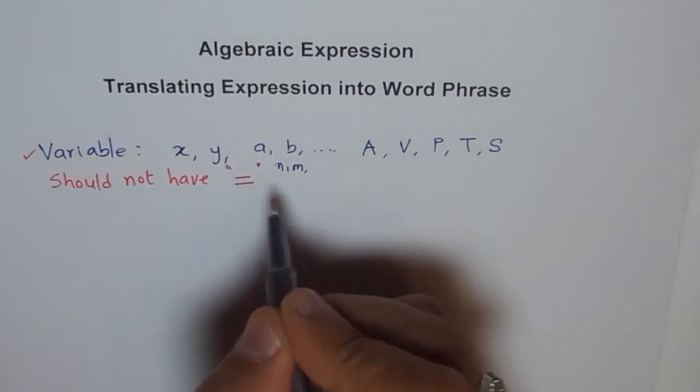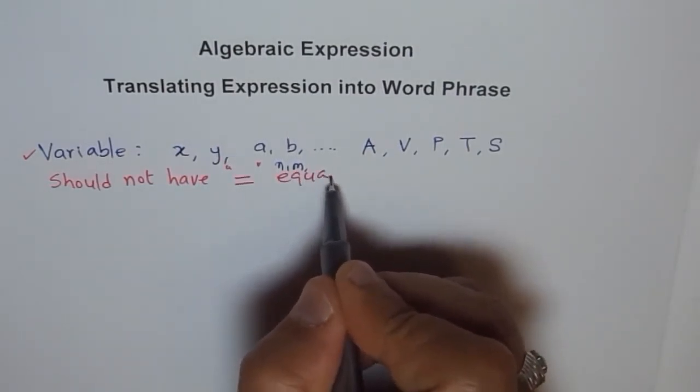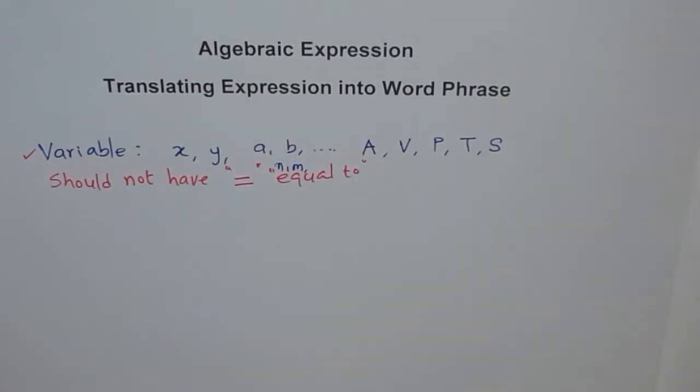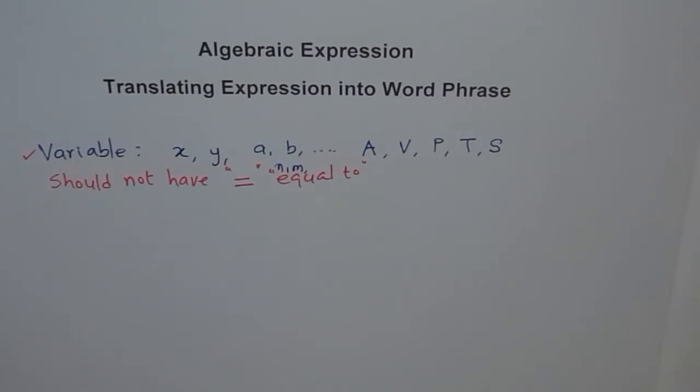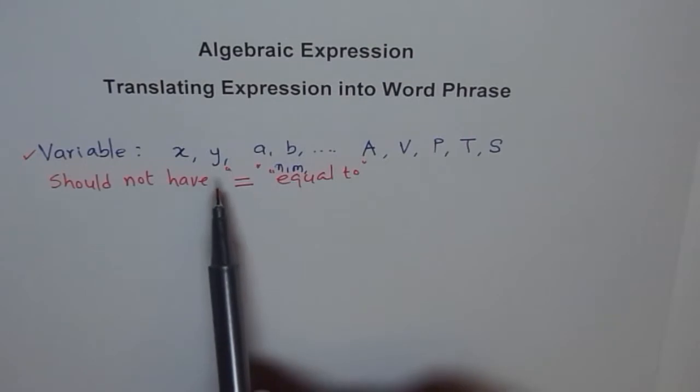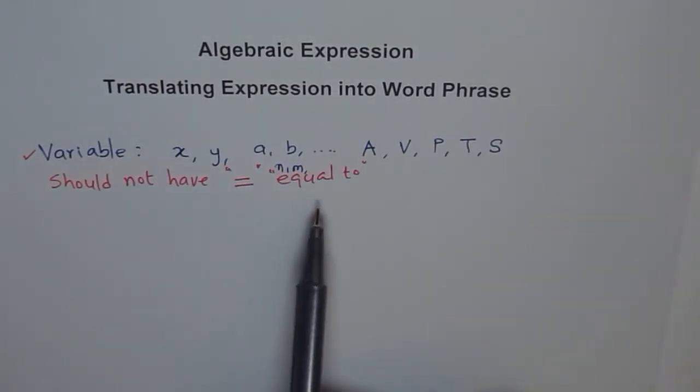Do you understand? It becomes an equation, not an expression, if we put an equal to sign, okay? So an algebraic expression should only have variables, at least one, and should never have an equal to sign.